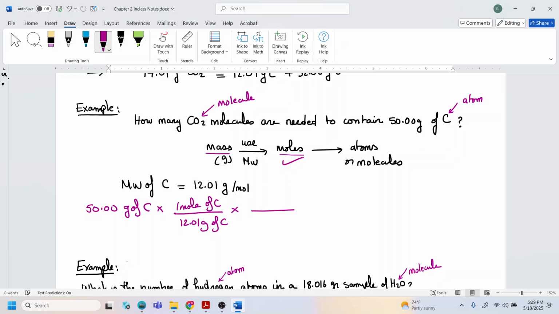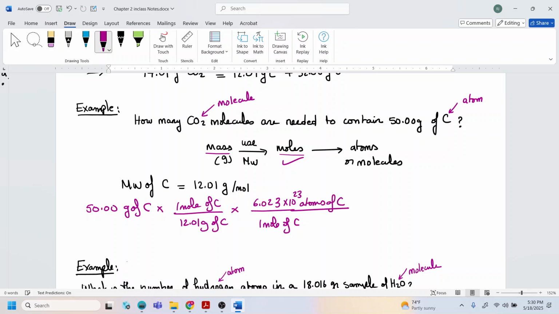So for every 1 mole of carbon, see, I said carbon, not carbon dioxide, because I'm still in the same route that I need to calculate the moles of the atom, the number of atoms in the individual element in there. So 1 mole of carbon is equivalent to 6.023 times 10 to the 23 atoms of carbon.